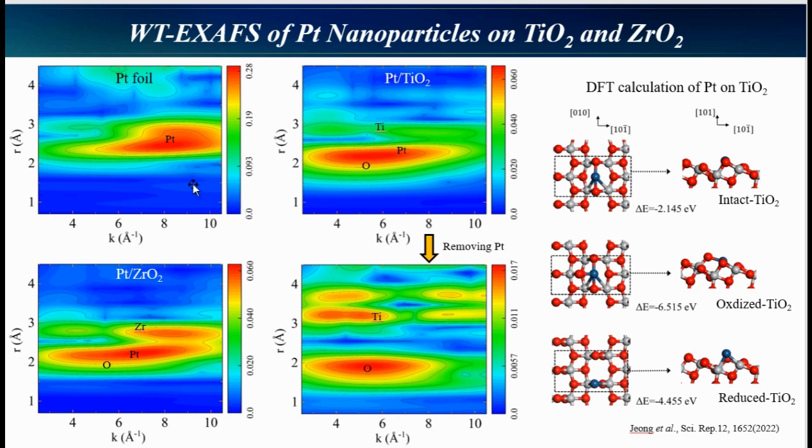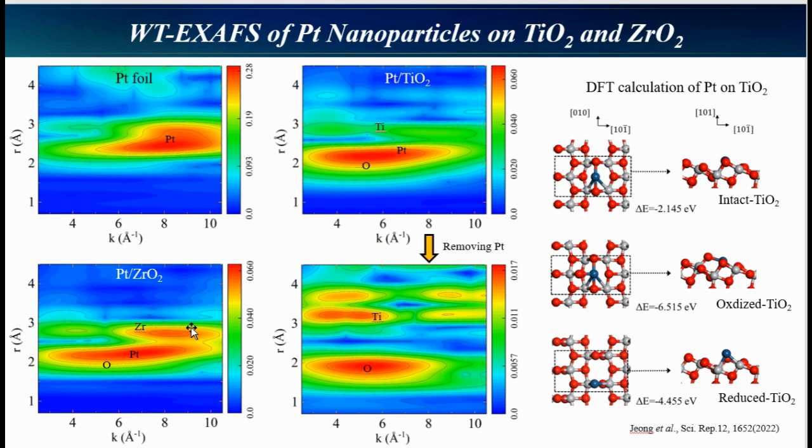Compared to platinum foil, the wavelet EXAFS of platinum nanoparticles on supports are different. The wavelet transform EXAFS demonstrate there are some platinum oxide bonding and some platinum titanium or platinum zirconium bondings.